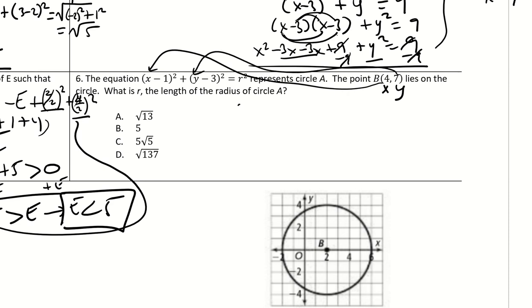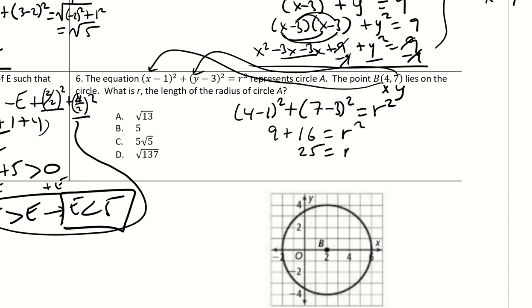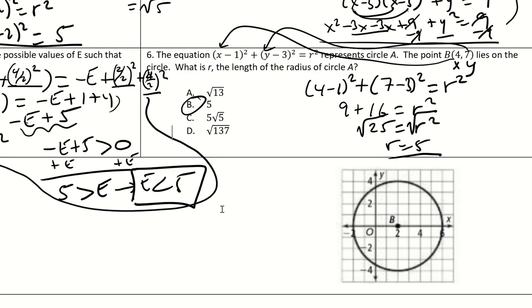So let's plug it in. 4 minus 1 squared, 7 minus 3 squared equals r squared. Just do the math. 3 squared is 9. 4 squared is 16. So we get 25 is equal to r squared. Take the square root, and r is simply 5. That's how you do that. So not all problems have to be difficult.